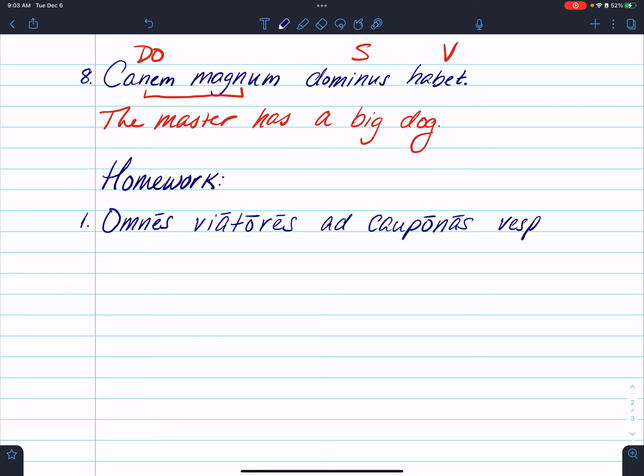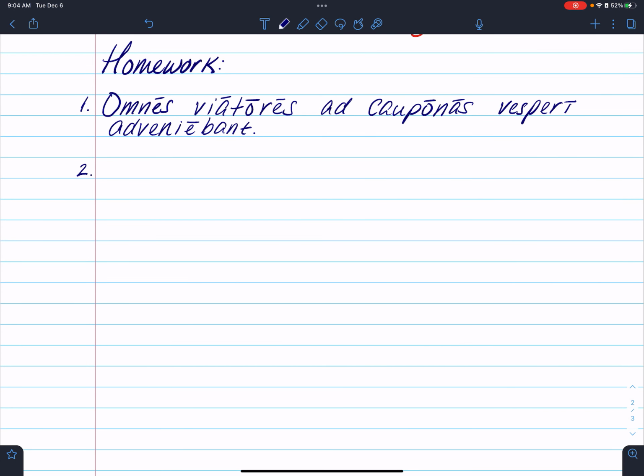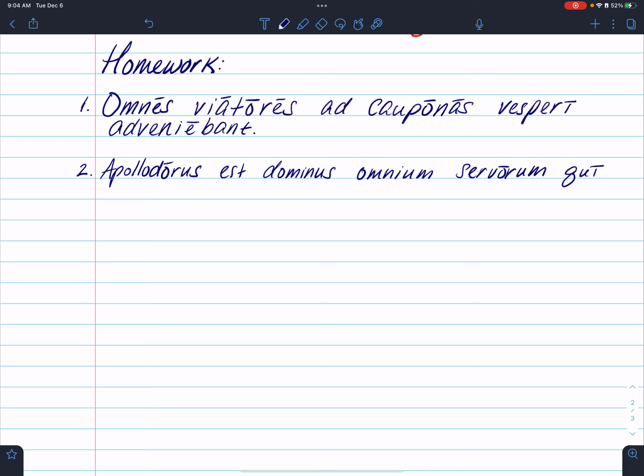Is that V or R? That's a V. So will these sentences be able to work? Eventually, so I would just write them now.